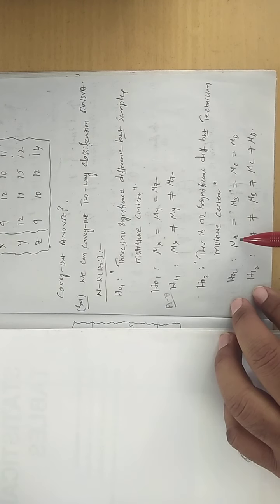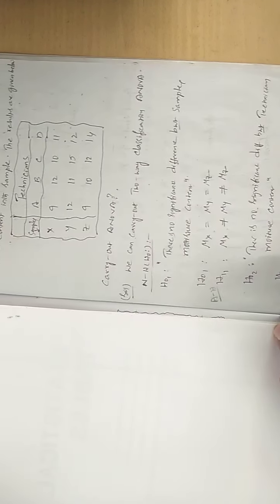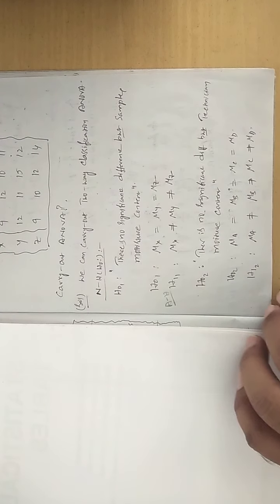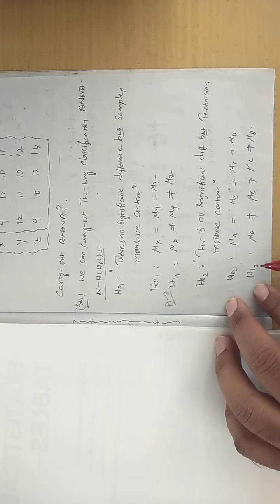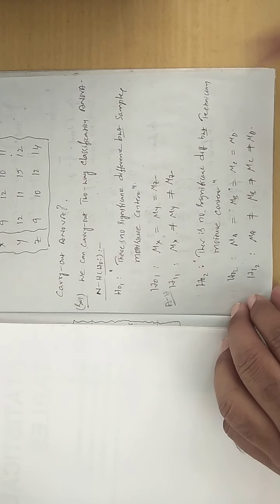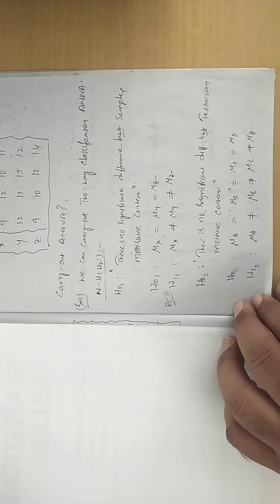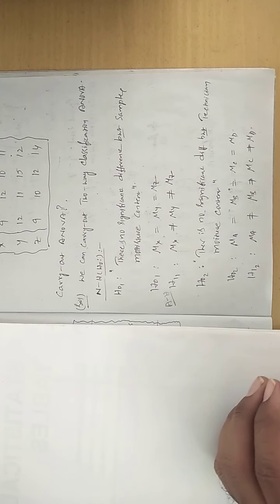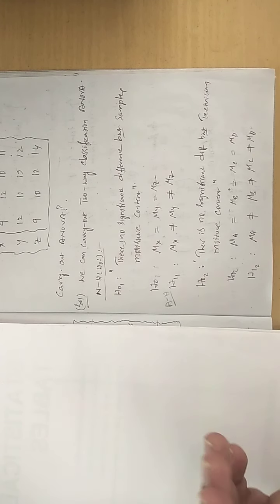So H02: mu A is equal to mu B is equal to mu C is equal to mu D. The alternative hypothesis 2 is going to be not equal. So there is a significant difference between the technicians as far as the moisture content of the samples is concerned. So we framed the null and alternate hypotheses for rows as well as columns.